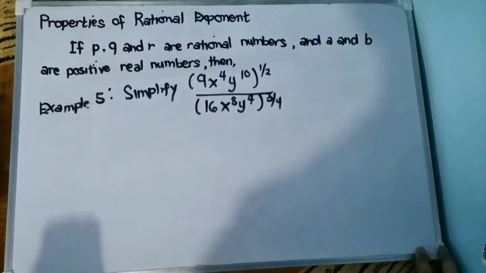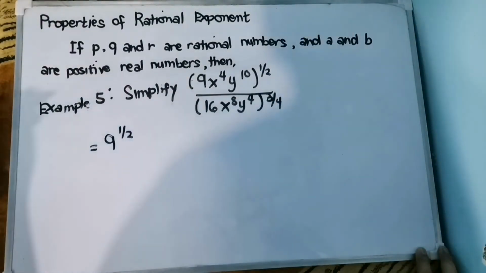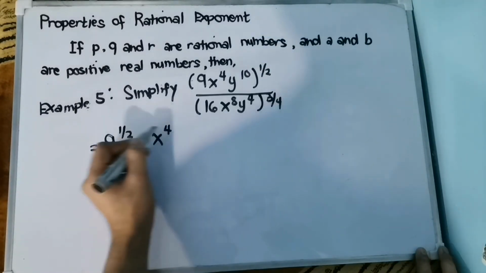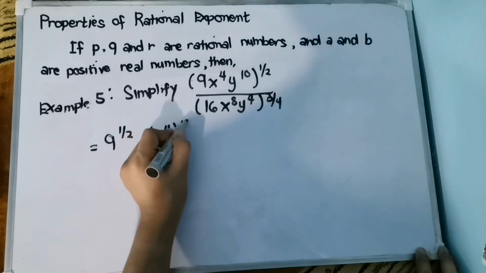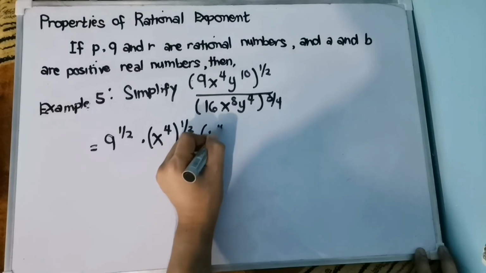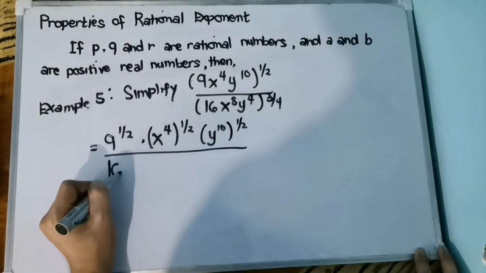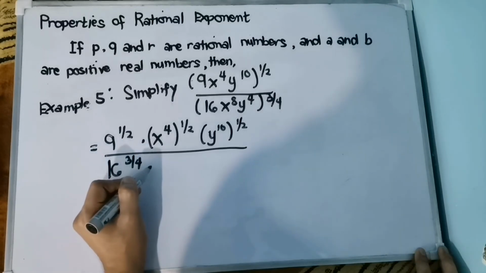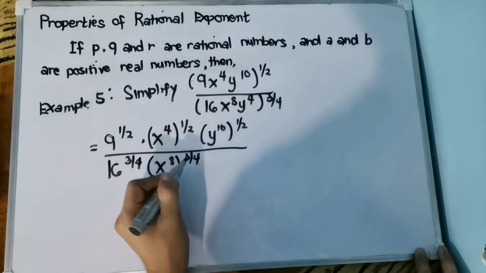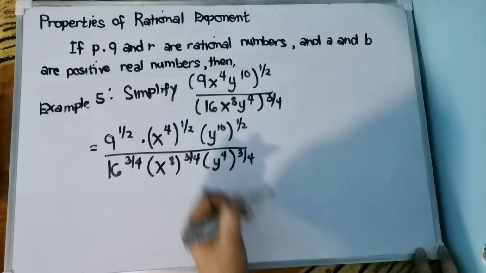So we can simplify this as 9 raised to 1/2 times x to the 4th raised to 1/2 times y to the 10th raised to 1/2 all over 16 raised to 3/4 times x to the 8th raised to 3/4 and y to the 4th raised to 3/4.